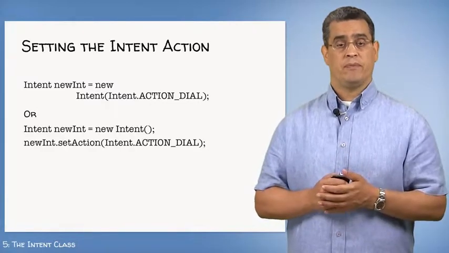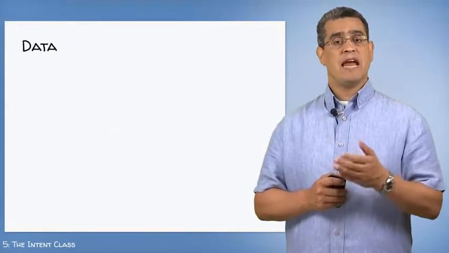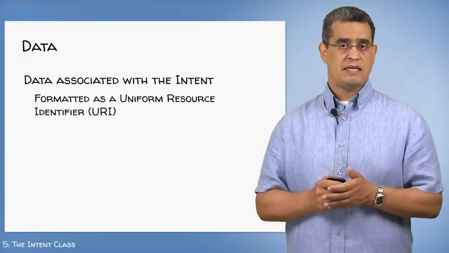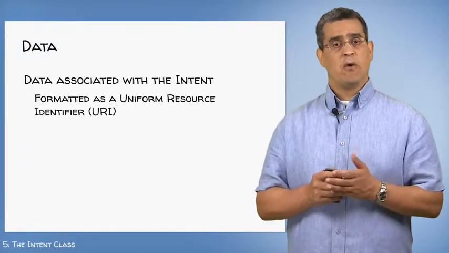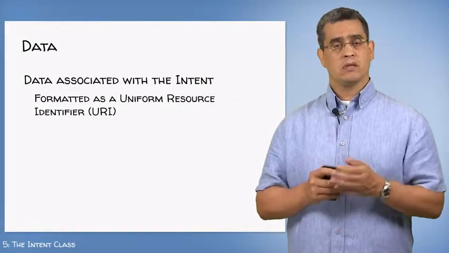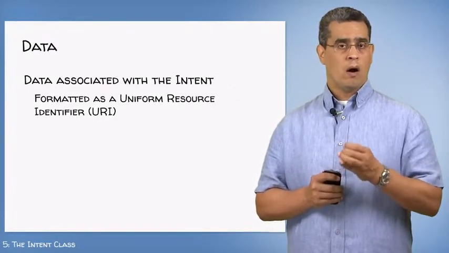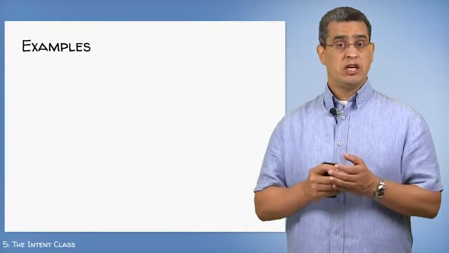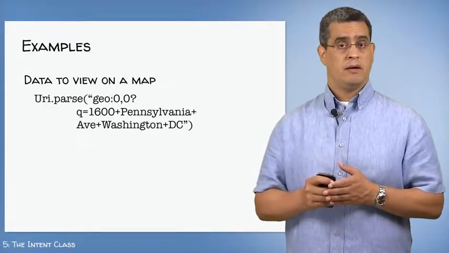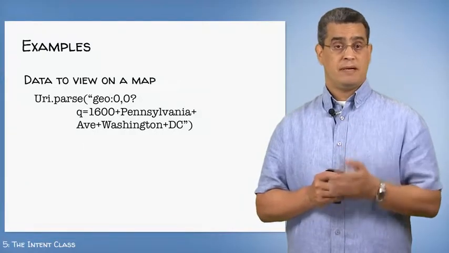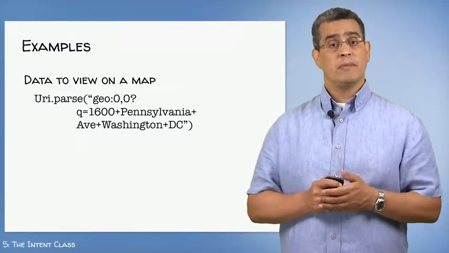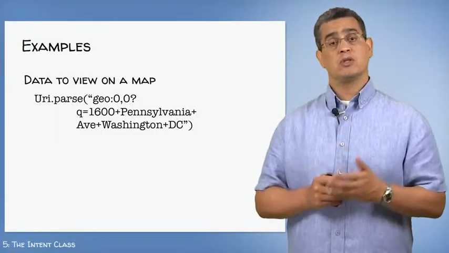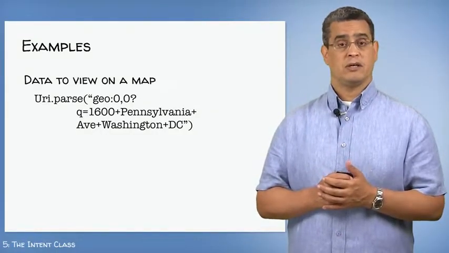Intents also have a data field, which represents data that is associated with the intent. Now, that data is formatted as a Uniform Resource Identifier, or URI. One example of intent data is a geo-schemed URI, which indicates map data. You might also remember that we saw something exactly like this in earlier lessons as part of those map location applications.